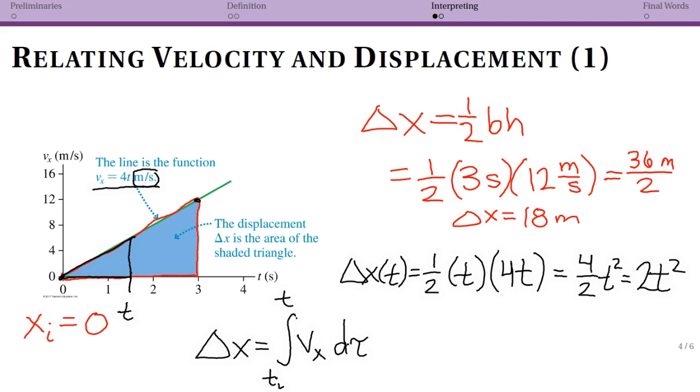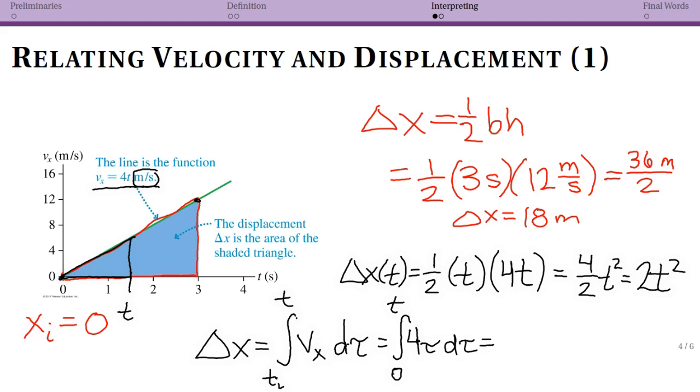Now, in this case then, I'm going to plug in what my functional form is, and the fact that my initial time is equal to 0, and my functional form was equal to 4t. Now again, we don't want this to be t because I'm trying to come up with that in the end, so let's make that 4 tau d tau.